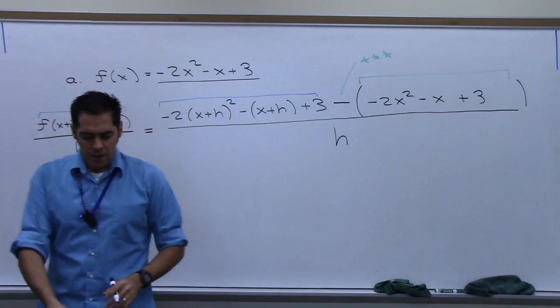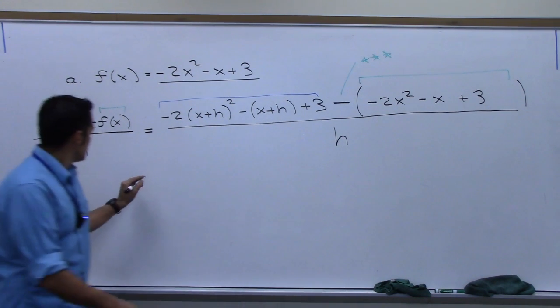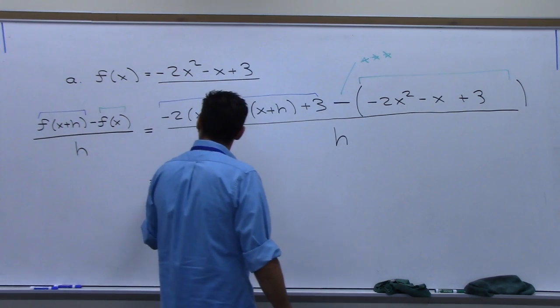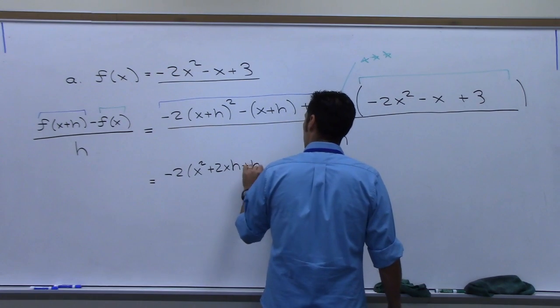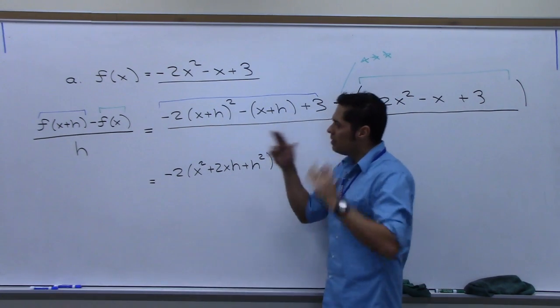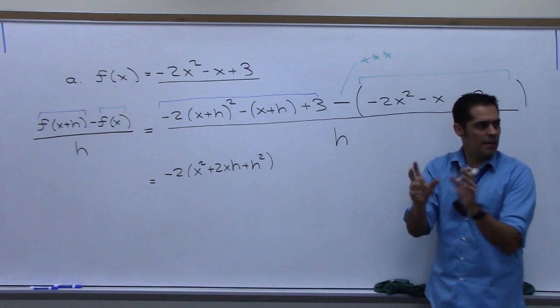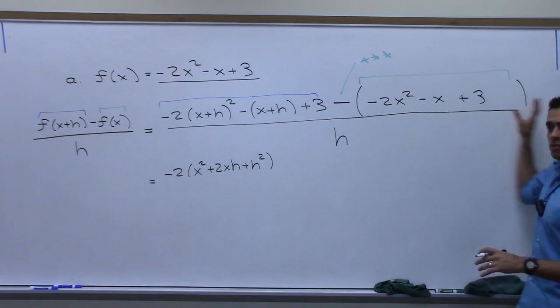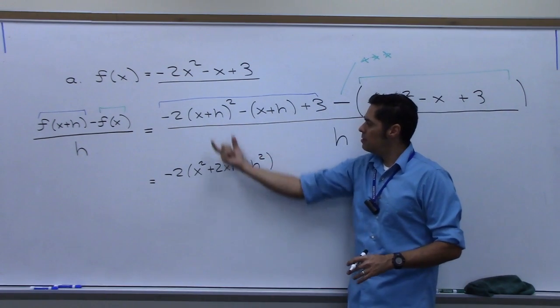And now we get to multiply this stuff out, clean it all up, and hope to get an h to cancel. Negative 2 times x squared plus 2xh plus h squared. So I'm mentally squaring x plus h. I'm doing the FOIL in my head and collecting like terms. You might need to do that on the side, but eventually you get to that. So that's this.